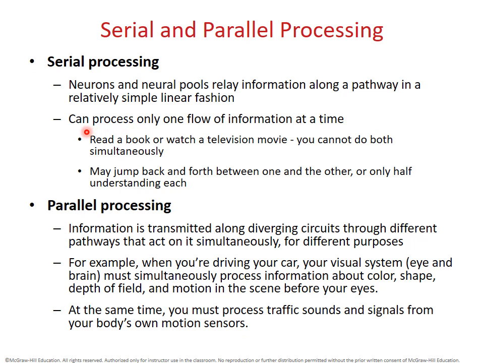And so this is the kind of processing we do when you can only process the flow of a single kind of information at a time. Your book uses the idea of reading a book. You can't read a book and do much else at the same time. You just have to focus on reading a book. So this is a way of thinking about focused thinking.